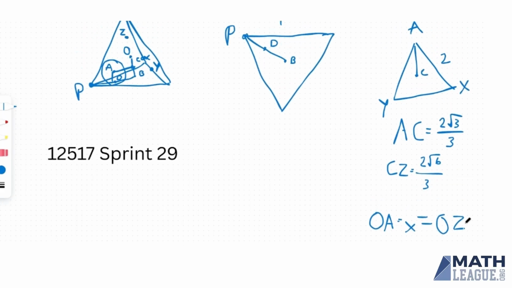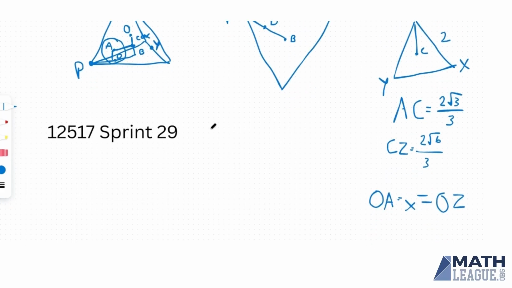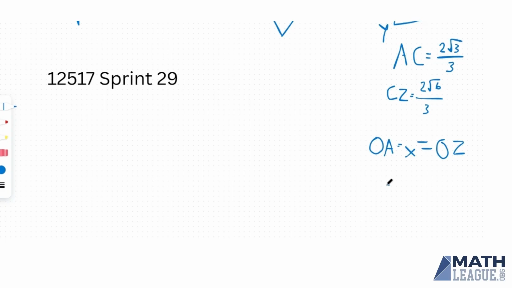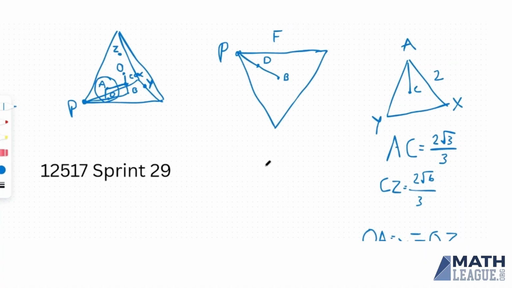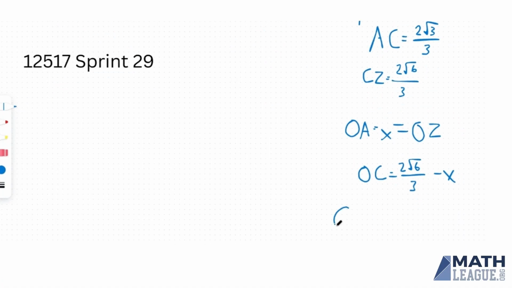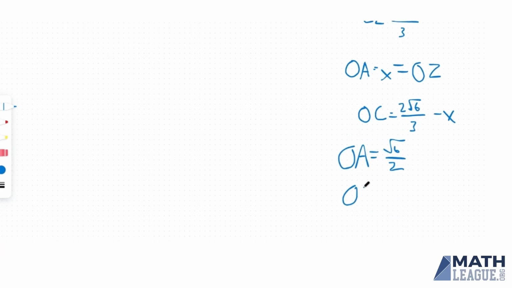And since OC is going to be CZ minus OZ, OC equals 2 root 6 over 3 minus x. Then, once again applying the Pythagorean theorem, this time to triangle OAC, we find that x, or OA, is equal to root 6 over 2, and thus that OC is equal to root 6 over 6.